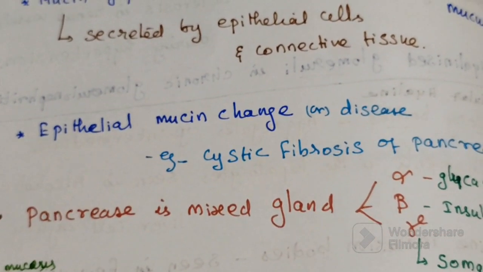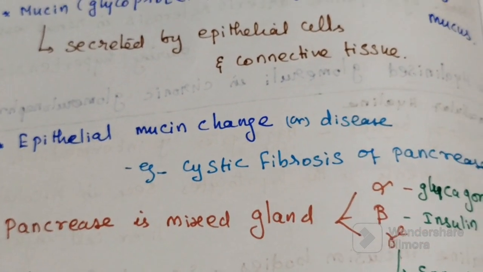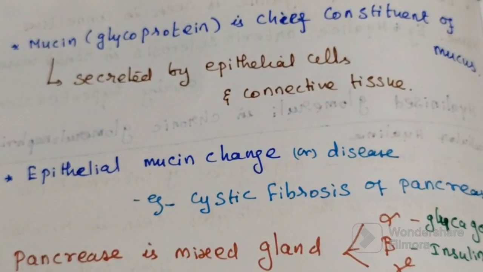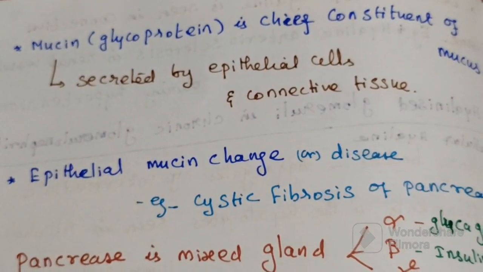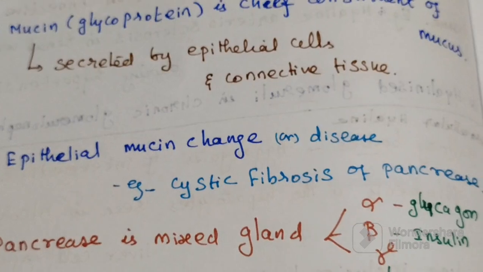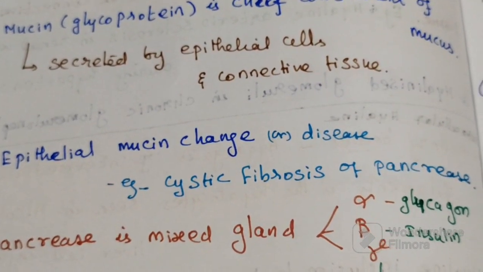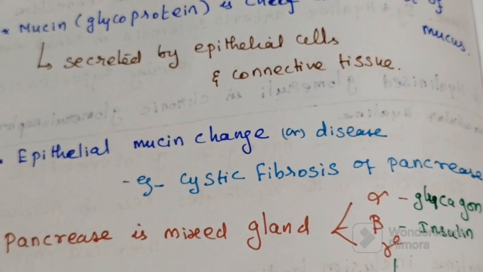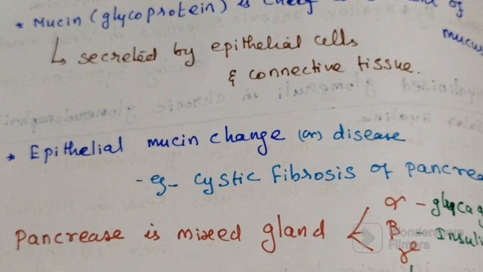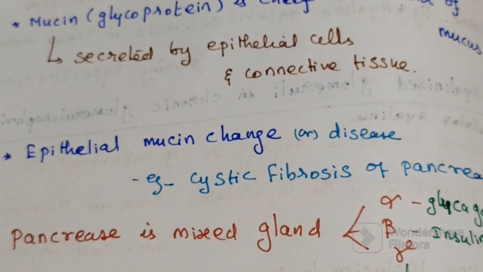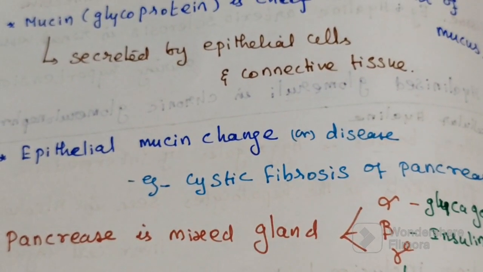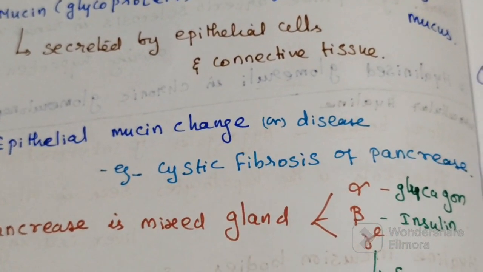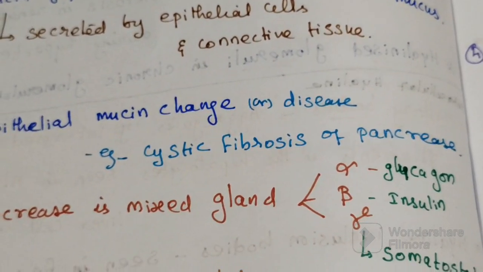Epithelial mucin change, or disease, you can see in cystic fibrosis of the pancreas. This one is the diseased condition.